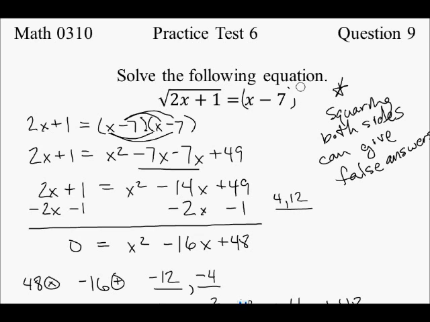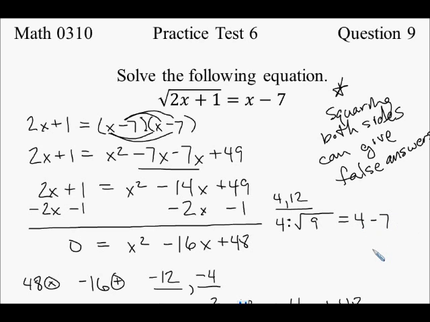So if we check 4, we would have the square root of 2 times 4 would give us 8 plus 1, so we would end up with the square root of 9 underneath there, equals, this x would become 4, because we're plugging in 4 to check, 4 minus 7. And so we want to see, the square root of 9 would be 3, but 4 minus 7 would give us negative 3.